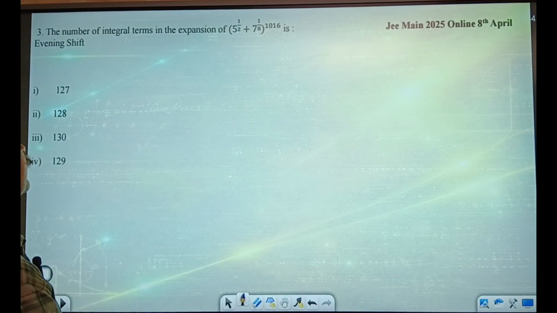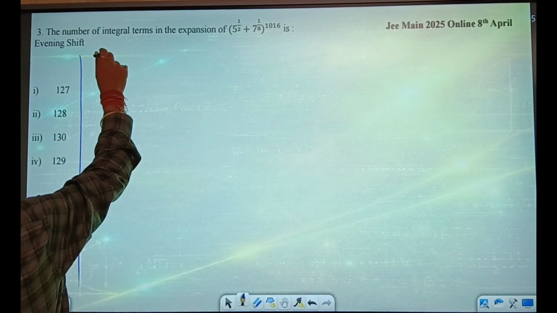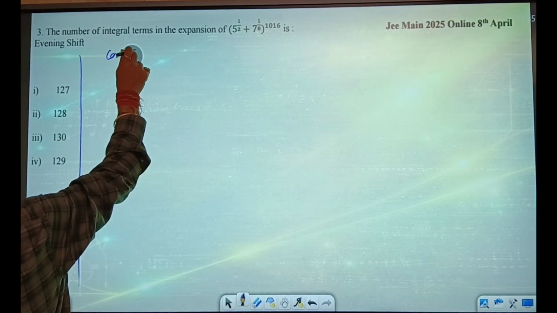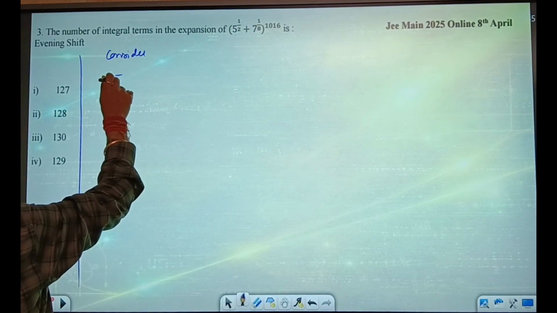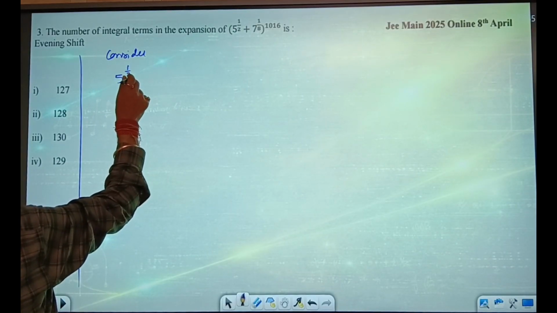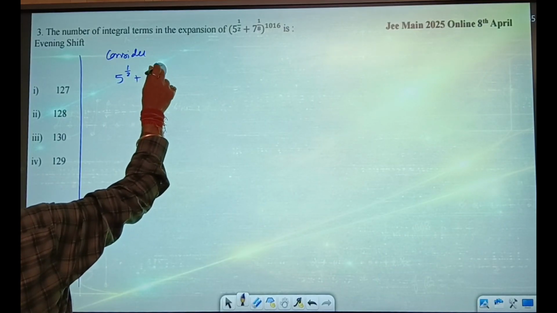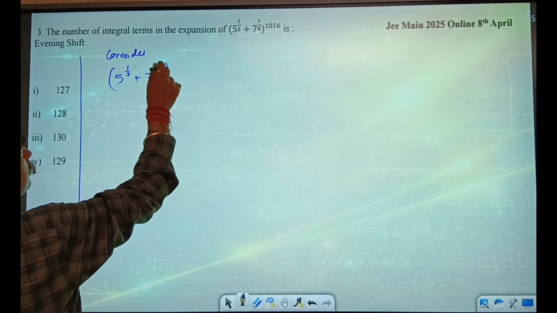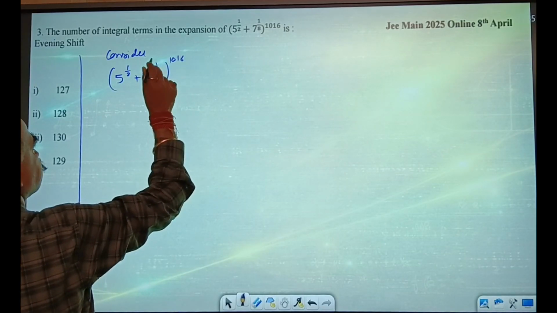The number of integral terms in the expansion of (5^(1/2) + 7^(1/8))^1016. Consider (5^(1/2) + 7^(1/8))^1016.